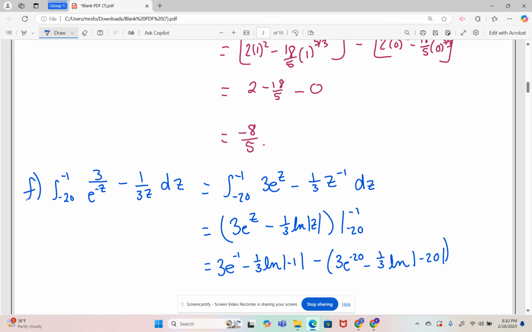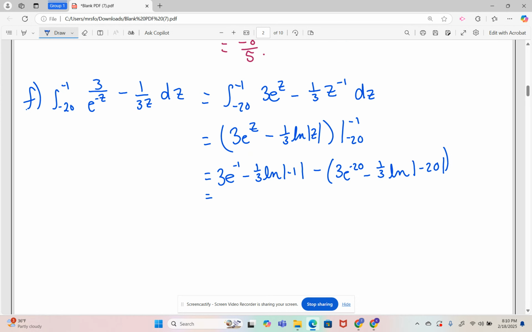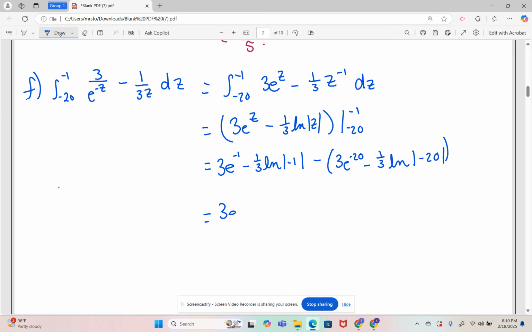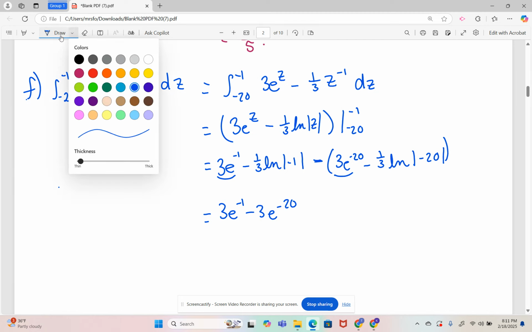Okay, so from here, the 3e to the negative 1 doesn't have anything I can really do with that. And then minus 3e to the negative 20, I kind of want to go ahead and clump my e's together. And so now I'm looking at my natural logs.